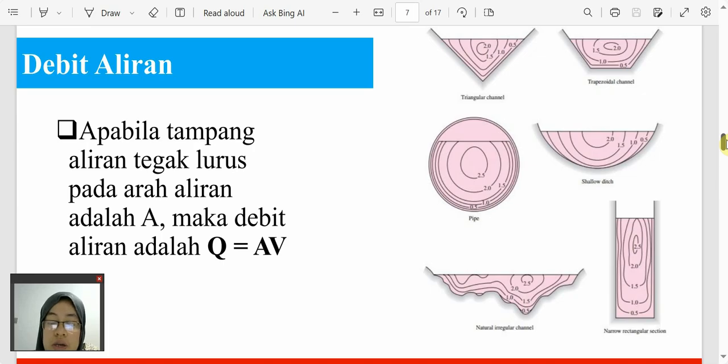There is a velocity distribution in the cross section of the channel, because there is an influence from the bottom and also from the wall of the channel. The closer the flow to the bottom or the wall of the channel, the less the velocity.